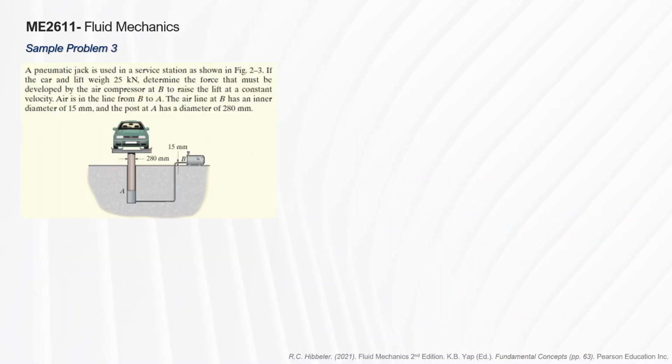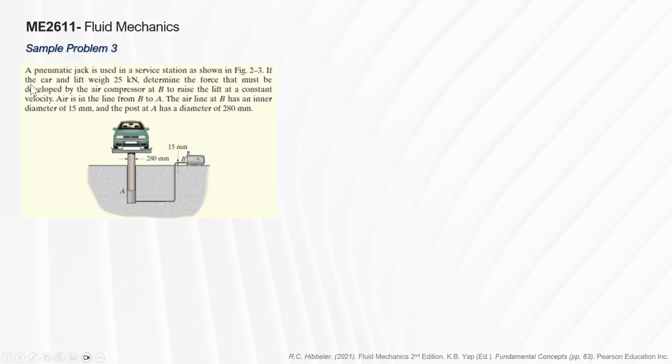Maybe a much more familiar example. For example, a pneumatic jack is used in a service station as shown in this figure. If the car and the lift, so this one, the entire system here, we can idealize them as 25 kilonewtons. They weigh about 25 kilonewtons. So you target your force downward here.